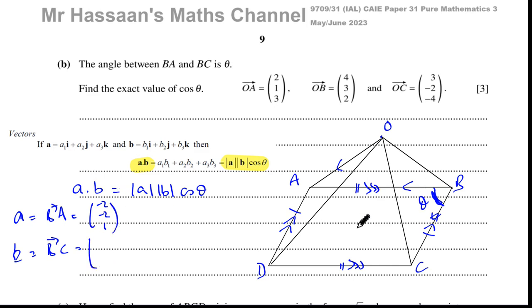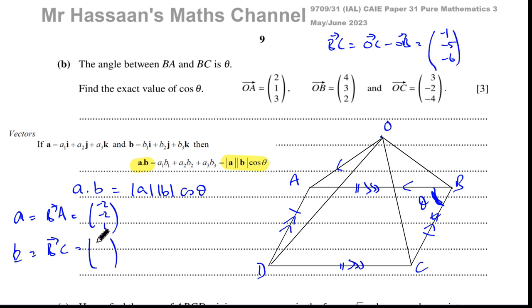And B to C, I didn't find it in a direct way. I did it as part of the big calculation. Let's do it now. B to C is going to be O to C minus O to B, which is this minus this. So it's going to be 3 minus 4, which is negative 1, minus 2 minus 3, which is negative 5, and negative 4 minus 2, which is negative 6.